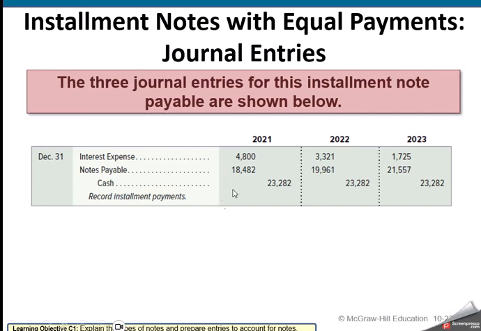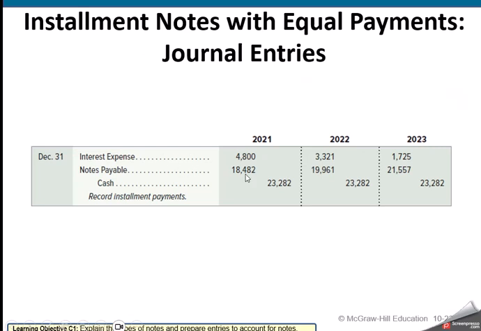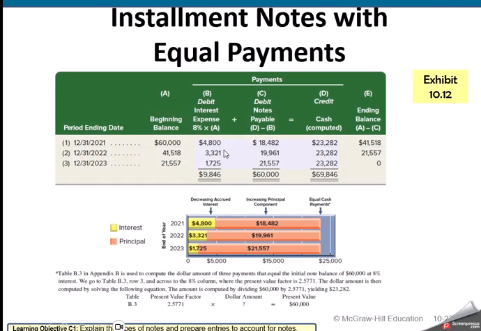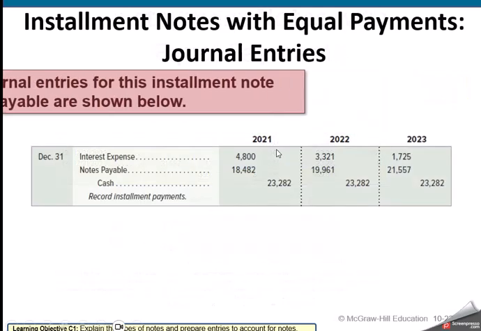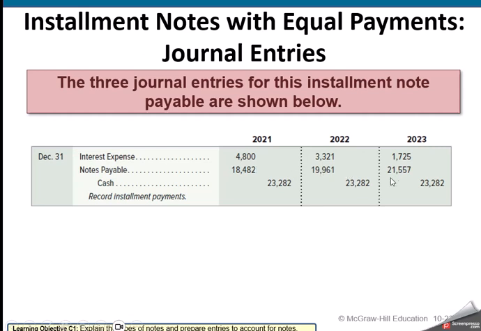So then what we do with our journal entry is, the cash is always the amount of the payment. It'll change based on how much goes to interest expense and how much reduces the liability. If we look back at that amortization function again, or table, this is all the amounts that are going to go to interest expense. These are all the amounts that are going to debit our notes payable. So if we come over here, then you see them doing that.